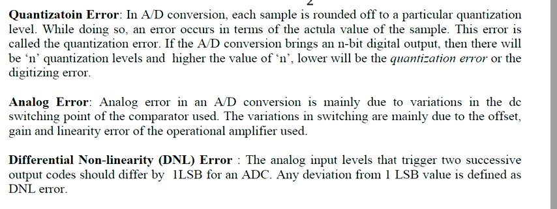The variation in the switching is mainly due to the offset error, gain and linearity errors of the amplifiers. Next is differential nonlinearity error. Differential nonlinearity error is the difference between the actual step width and the ideal step width. Ideally, the step width is 1 LSB, and the deviation from 1 LSB is called the differential nonlinearity.